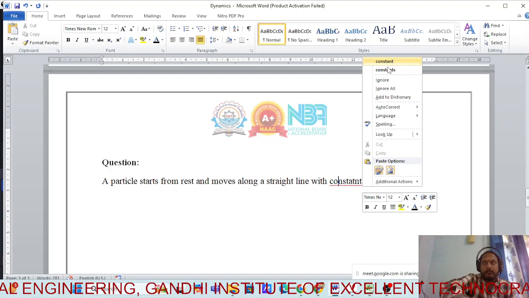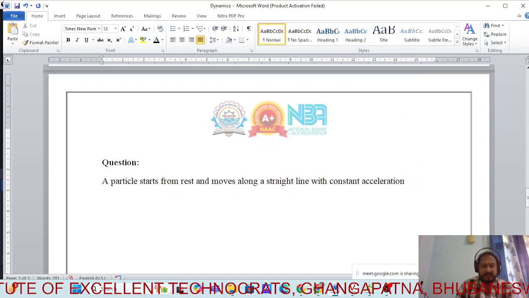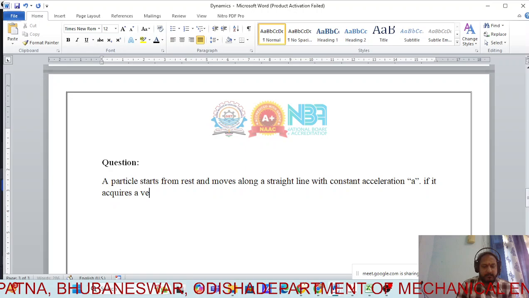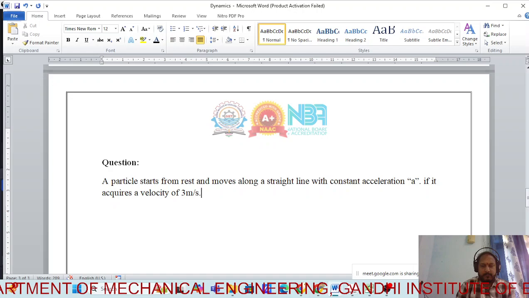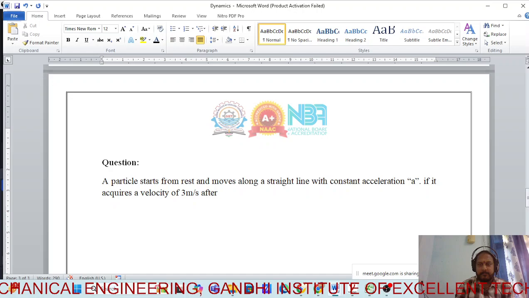A particle starts from rest and moves along a straight line with constant acceleration a.